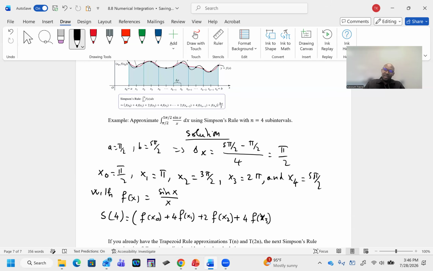We continue switching 4 and 2 until the last one, which is x4 in this case. So plus f of x4) times delta x divided by 3, where delta x is pi over 2.